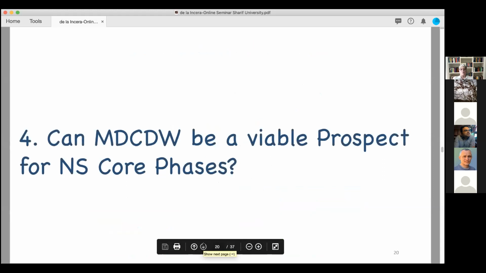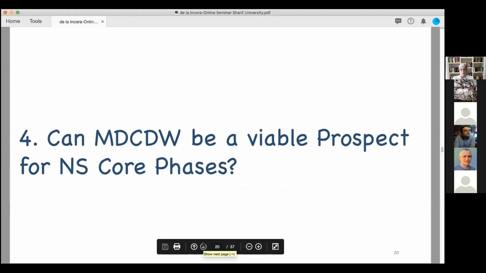But now the question is, okay, it's interesting and it has its topological properties, but is this really a phase that has any prospect to be one of the neutron star core phases?